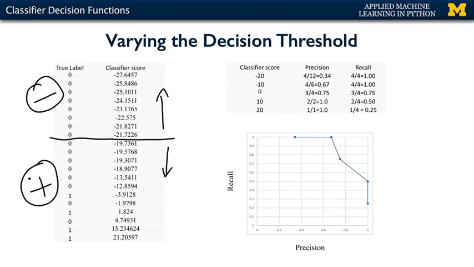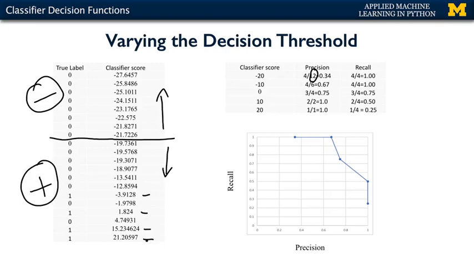So if we pick a specific threshold, in this case -20, and we partition the test points in this way, we can compute precision and recall for the points that are predicted to be in the positive class. In this case, there are 12 total instances being predicted as positive, and only 4 of them, this one, this one, this one, and this one, are actually positive.